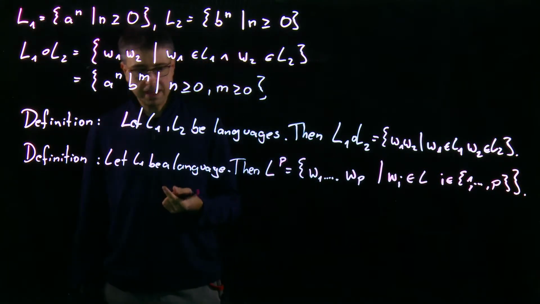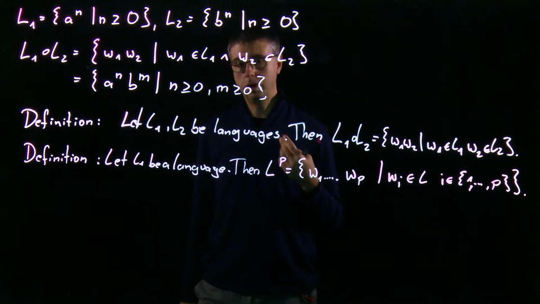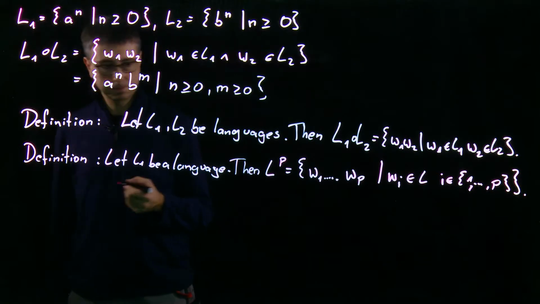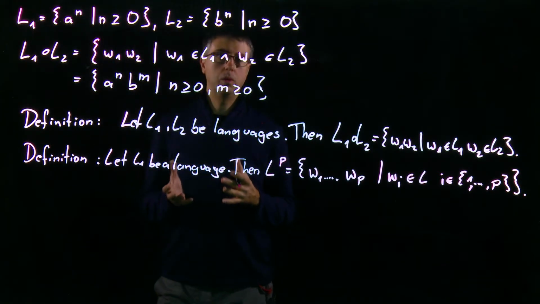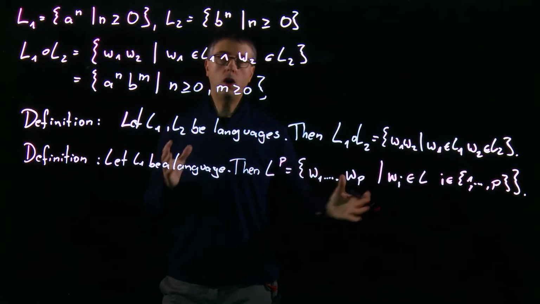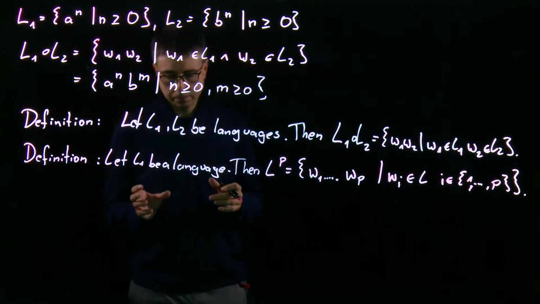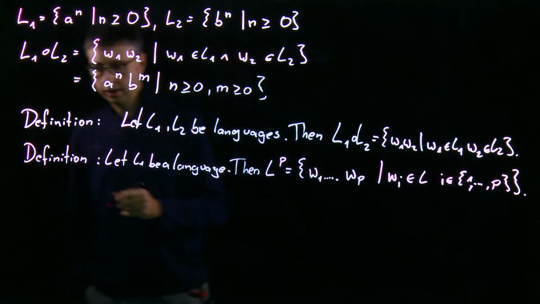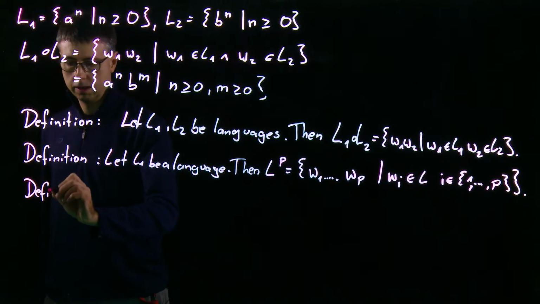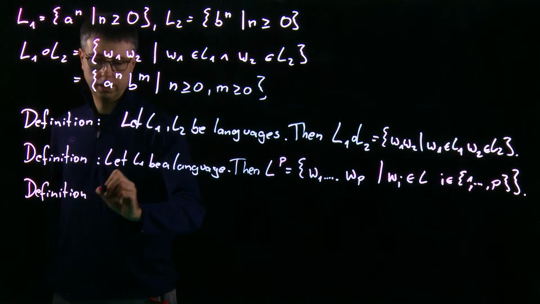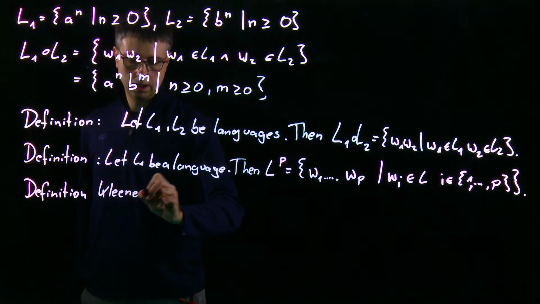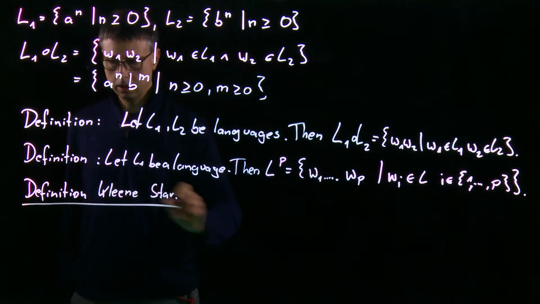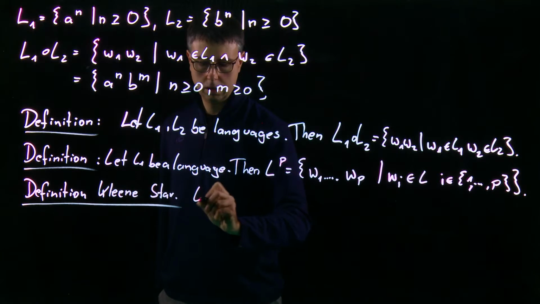Once we've defined this, there's a special operation that will be very useful, and that's the so-called Kleene star operation. With this star operation, it's possible to get all the possible combinations you can get from combining words from a language. That's the Kleene star. Definition, Kleene star. We take a language.